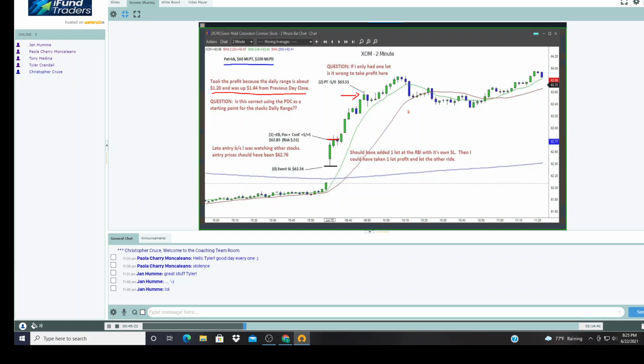So here's the thing: we don't know, Patrick, how far it's going to go. This could be the day that it goes 3 times its average true range, right?